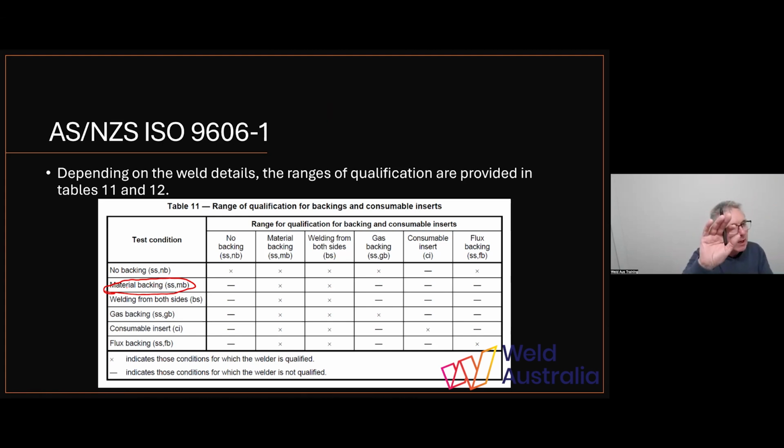We know that the second process was done on the material backing, because the first deposited material is what we consider material backing. So he's covered for material backing and welding both sides, and that's all his range of qualification is. That's all he's governed for when you're looking at that document.